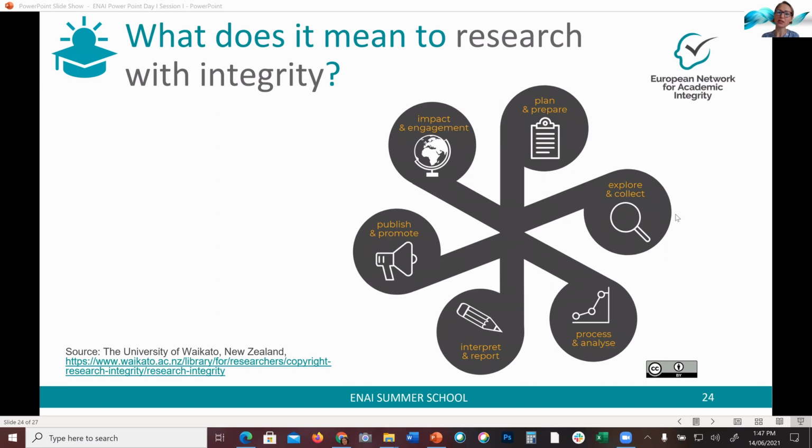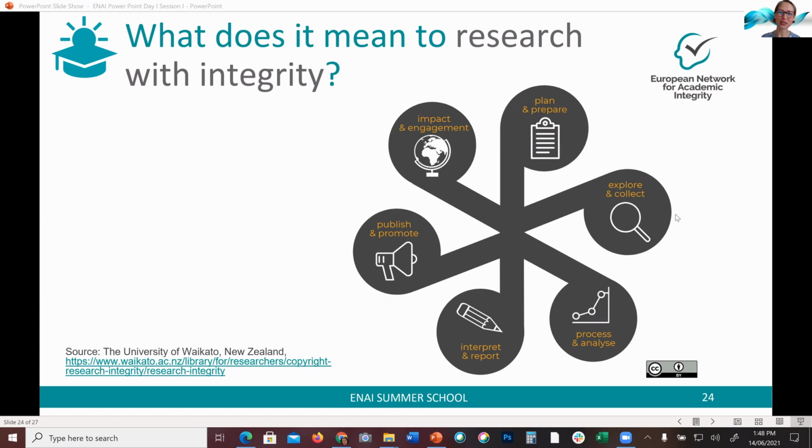You have to think about it from the very point that your research idea came to your mind to the very last point when you present your results to a variety of audiences. Everywhere, you have to think if what you do corresponds to the values of integrity, if you follow the standards and the principles of ethics, and this way you create the value of research. So this was my three cents to this final discussion.